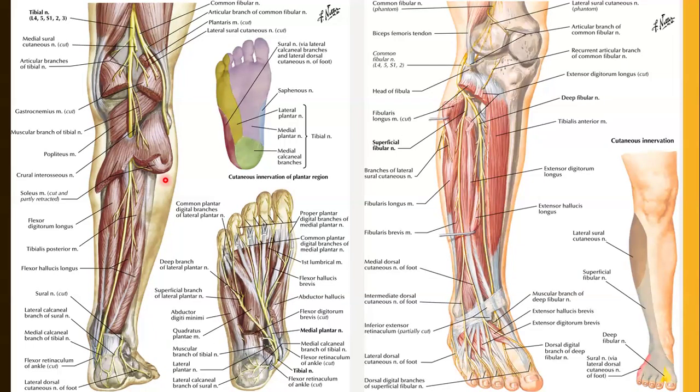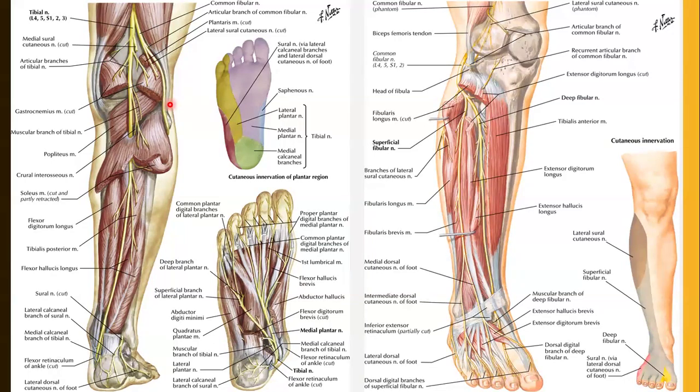It also gives the recurrent genicular nerve. That's more of an articular branch, which supplies the superior tibiofibular joints. The other articular branches of the common peroneal nerve are the superior lateral genicular nerve and the inferior lateral genicular nerve.